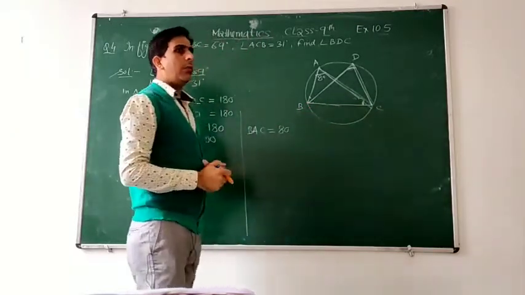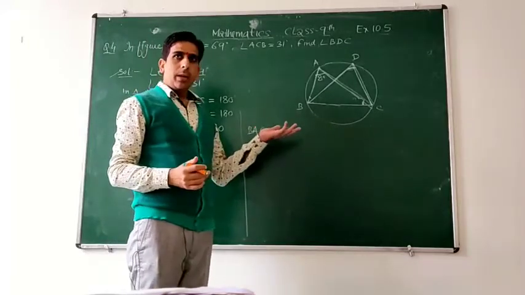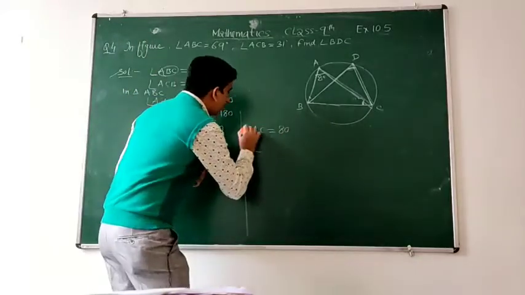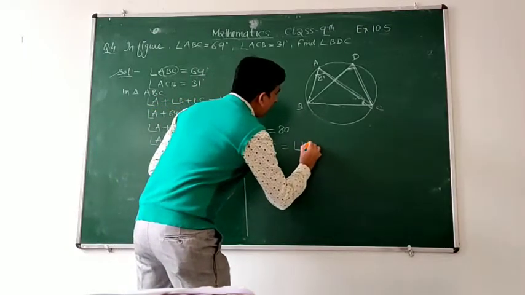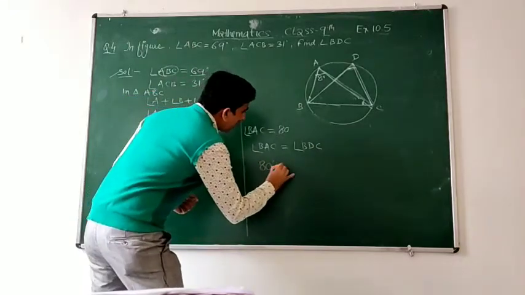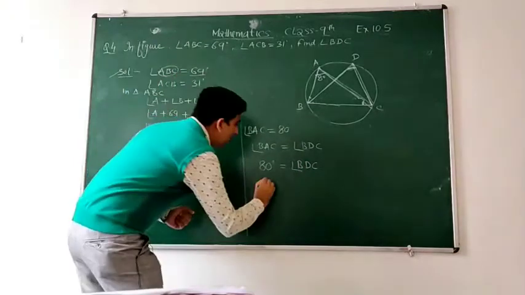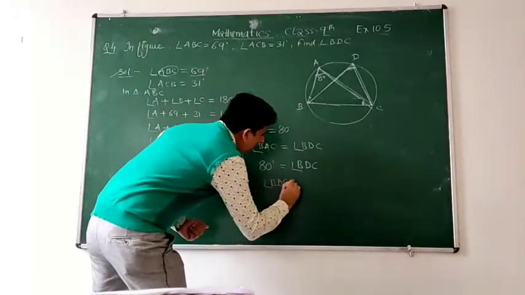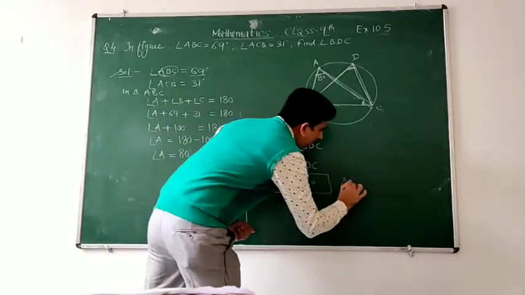And we know that from theorem 10.9 the angles of the same segment are equal. So angle BAC is equal to angle BDC, and angle BAC is 80 degrees. So angle BDC is also 80 degrees. So angle BDC is equal to 80 degrees, and this is our final answer.